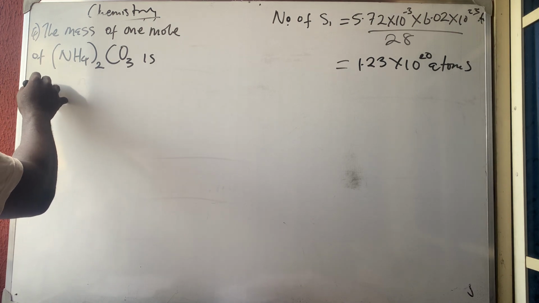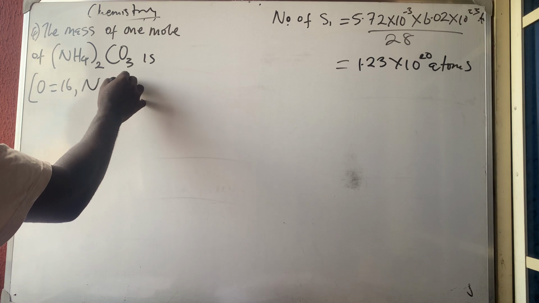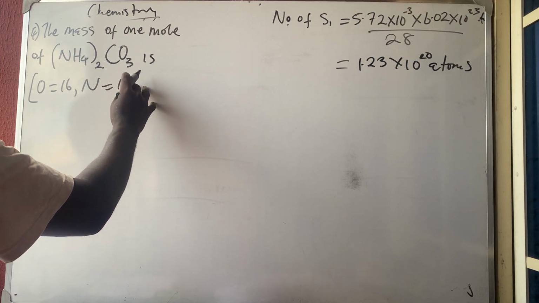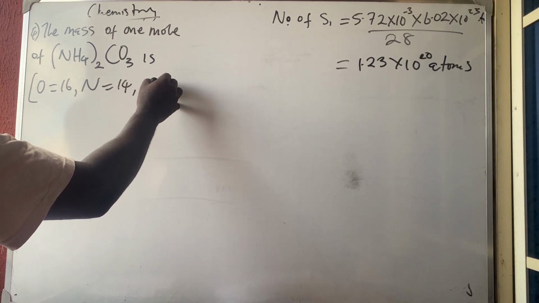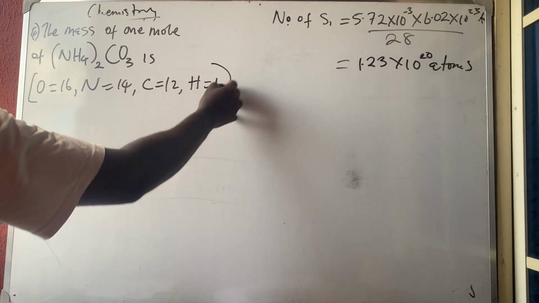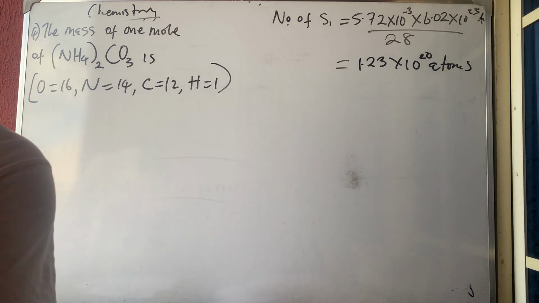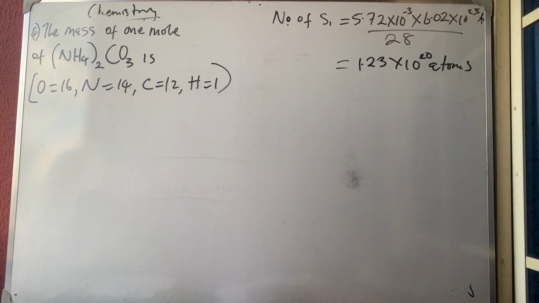They now gave that our O is 16, our N is 14, our C is 12, and our H is 1. Okay? The mass of 1 mole of this is dash.